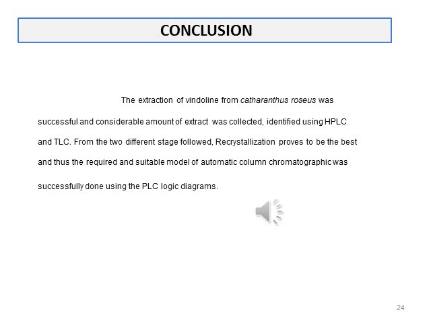Conclusions. The extraction of vindoline from Catharanthus roseus was successful and a considerable amount of extract was collected, identified using HPLC and TLC.